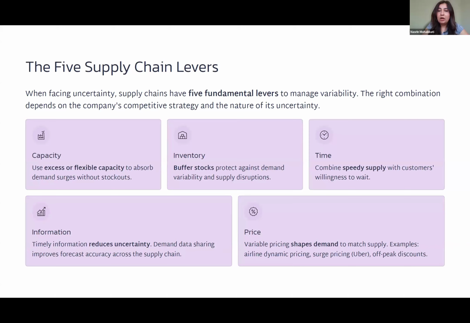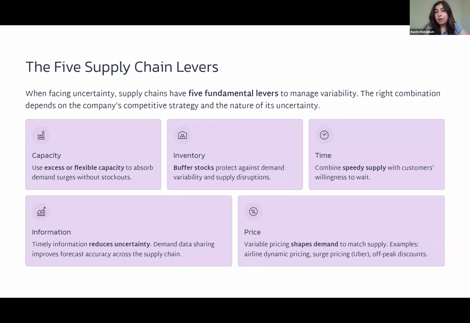So we talked about uncertainty in supply chains. Again, if we specifically want to be a responsive supply chain, there's so much uncertainty. Make sure there's availability of the products, that a variety of products is available, that the speed is fast, and that quality is high. All this imposes a lot of uncertainty on the supply chain.